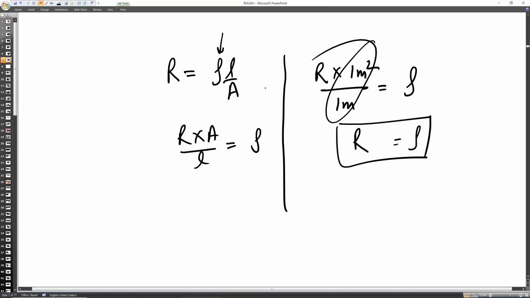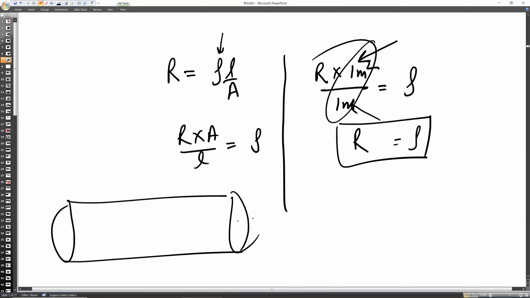It is the resistance offered by a conductor having a cross-sectional area of 1 meter square and length 1 meter. So when you have a wire whose cross-sectional area is 1 meter square and length is 1 meter, whatever resistance it is offering is considered to be the resistivity.